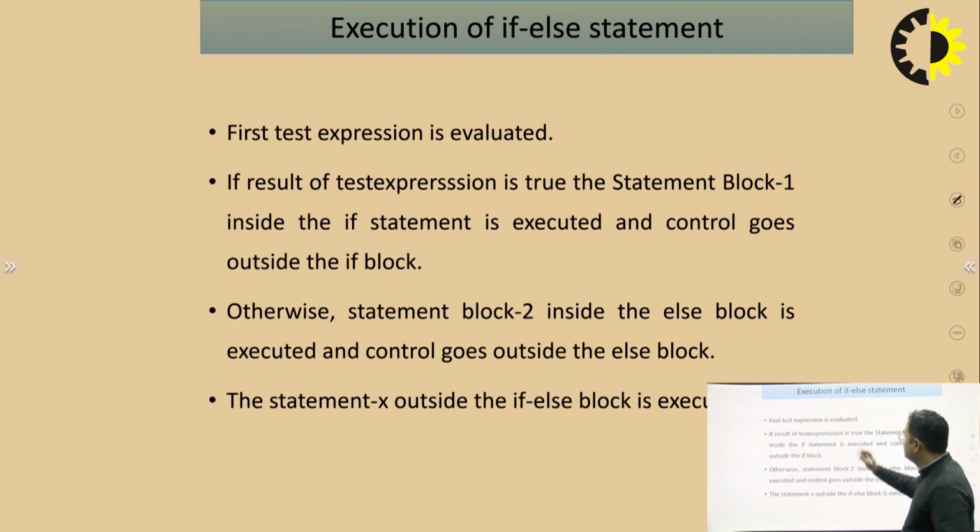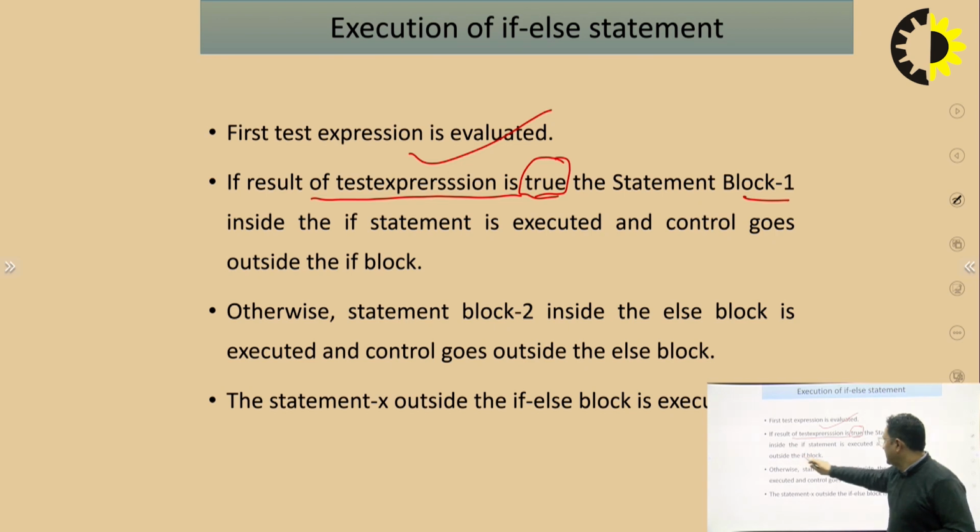So execution of the if-else statement: first the test expression is evaluated. Then if the result of the test expression is true, this is the area to emphasize, the statement block 1 inside the if statement is executed and control goes outside of the if block. No else block will get executed.